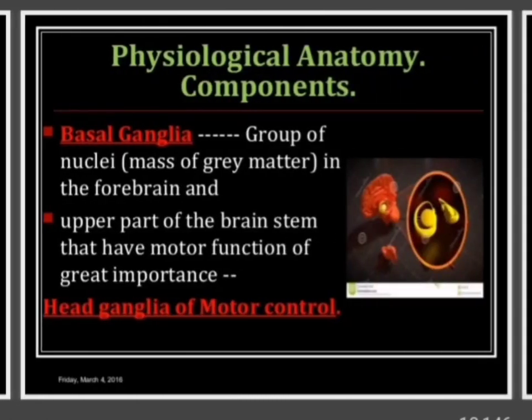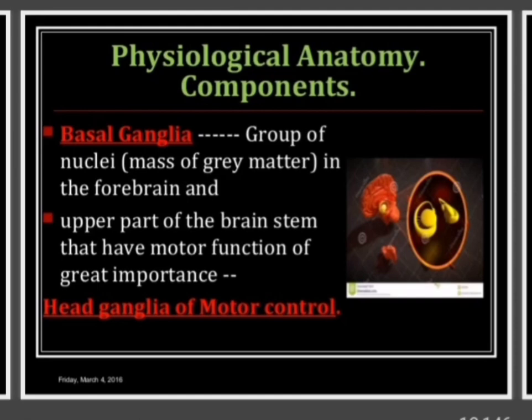We're talking among the physiological anatomy components. Basal ganglia are a group of nuclei, a mass of gray matter in the forebrain and upper part of the brain stem that have motor functions of great importance.